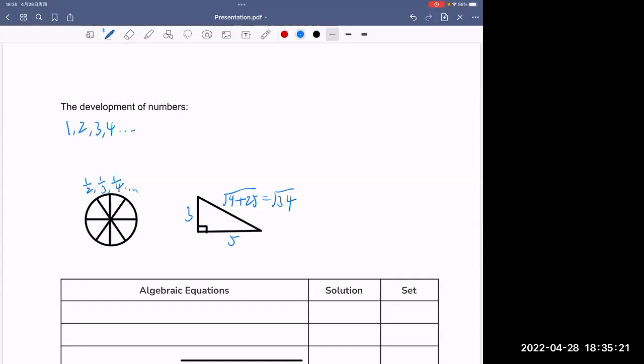What is it? Square root 34 is called an irrational number. So now the irrational number has to be introduced in this case. So you see how numbers are developed in math history. Everyone starts from the counting numbers 1, 2, 3, and 4. But when you start to combine these in different ways, you start to realize 1, 2, 3, and 4 are not enough, right?